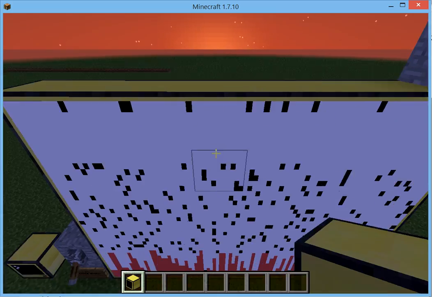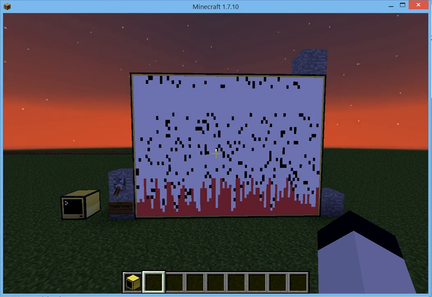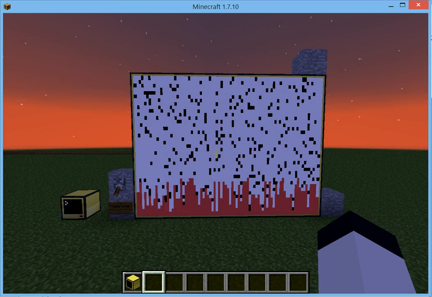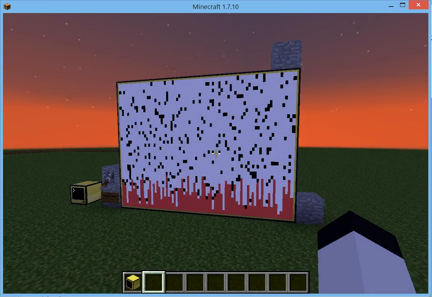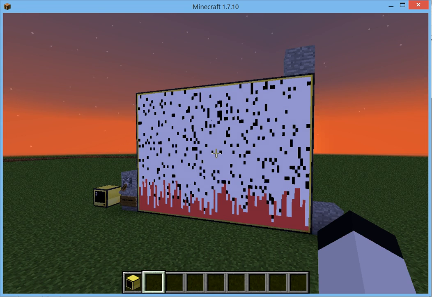Like so. And so that is the largest screen you can possibly get. And there you go. It's only about 44 lines of code. In fact, I'll show the code to you right now.